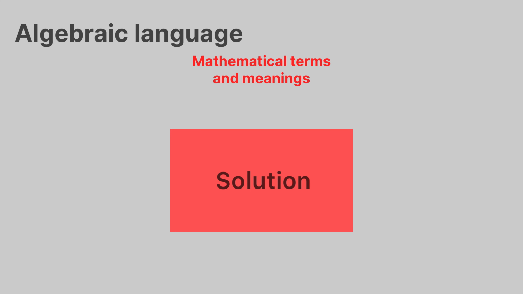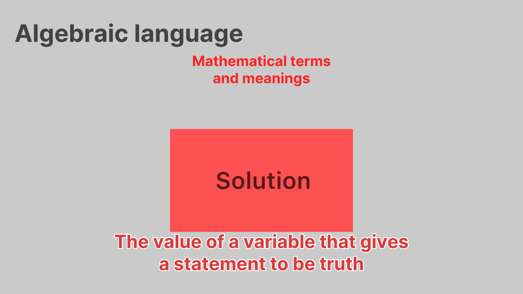A solution. Let me explain a solution. A solution can be an answer, in my own words. But according to the statement here, they say a solution is a value of a variable that makes a statement true.